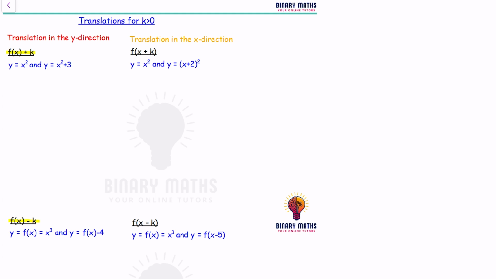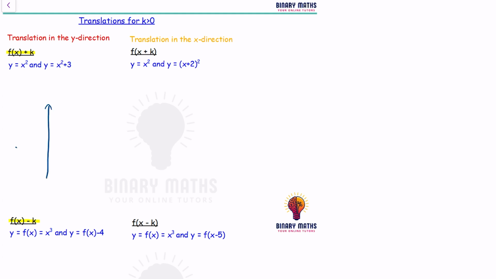So I say it's outside the bracket. So f of x plus k, and f of x minus k. The minus k is outside the bracket. So translation in the y direction, the constant k that we're translating by is always outside the bracket.